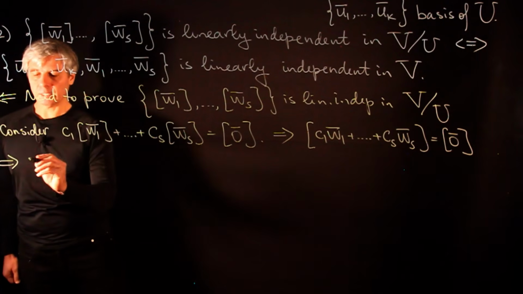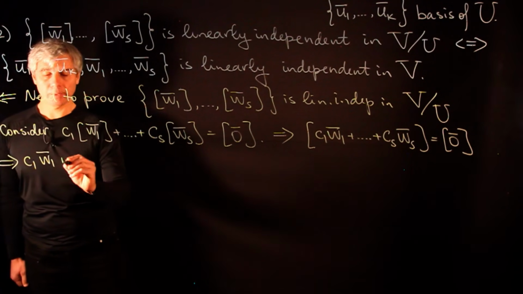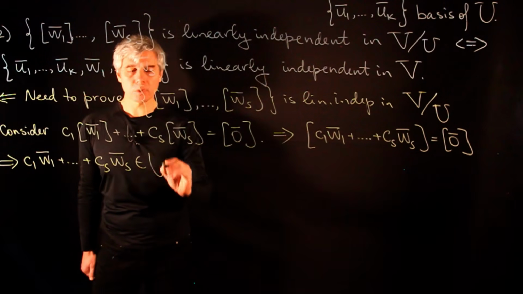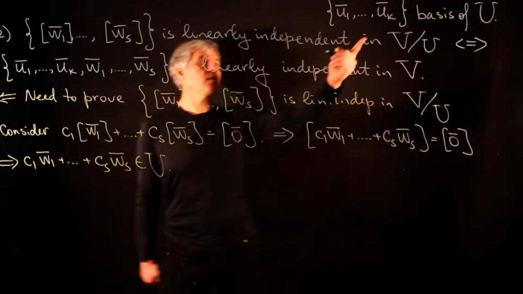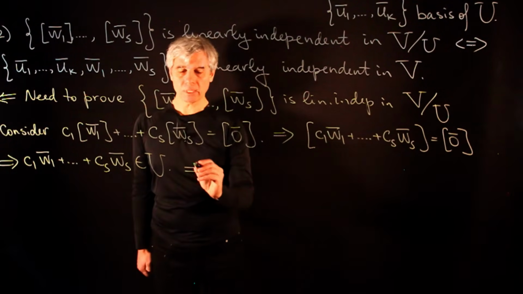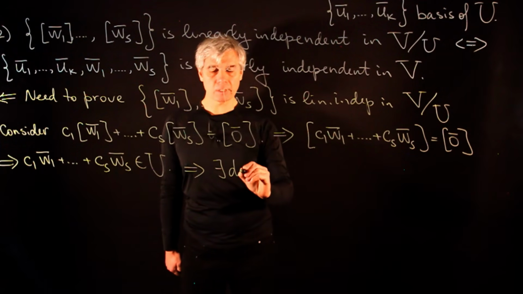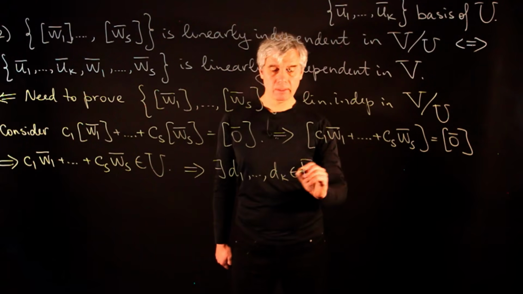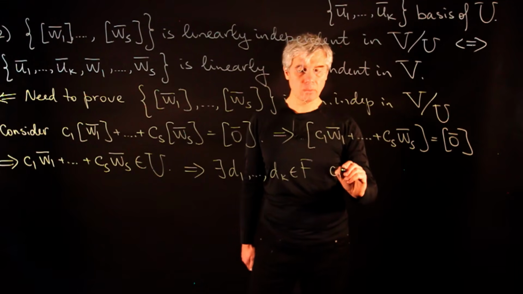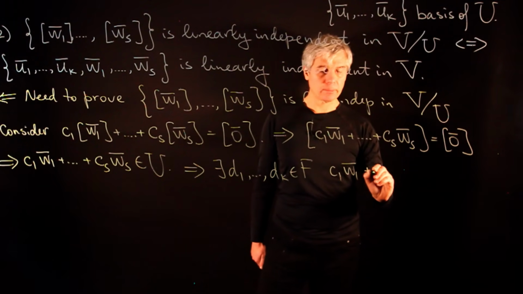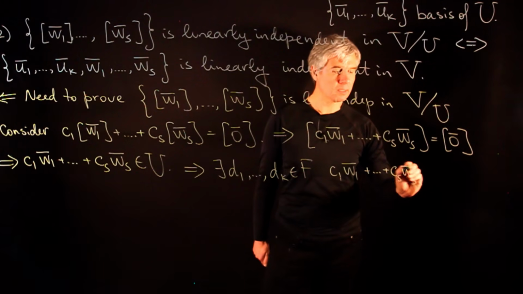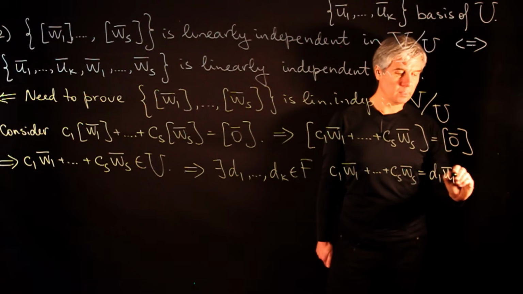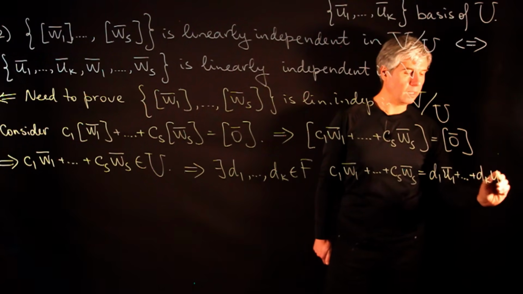So from here we conclude that C1 W1 plus ... plus CS WS belongs to the subspace U. But here we have a basis of our subspace. So this tells us that there exist scalars D1 through DK such that this vector C1 W1 plus ... plus CS WS is equal to D1 U1 plus ... plus DK UK.